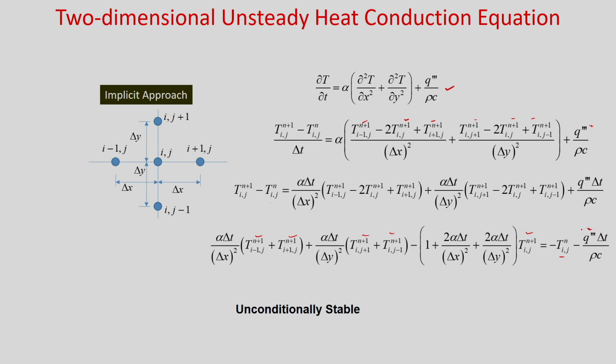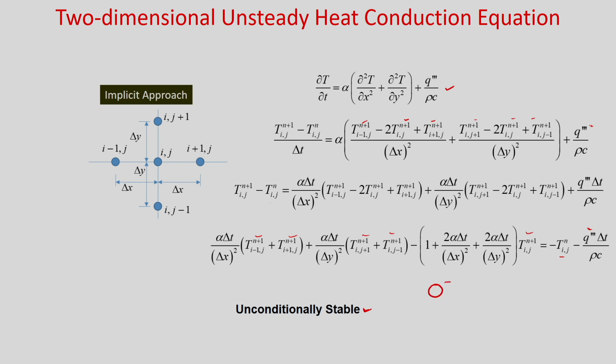Okay. So, if you write the system of equations, you will get a pentadiagonal matrix. So, that you need to solve using some method, and the advantage of this implicit method is that it is unconditionally stable. Okay. If you do the von Neumann stability analysis, you will get it is unconditionally stable. So, what is the order of accuracy of this discretization?